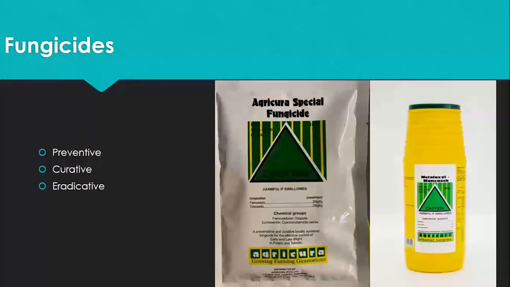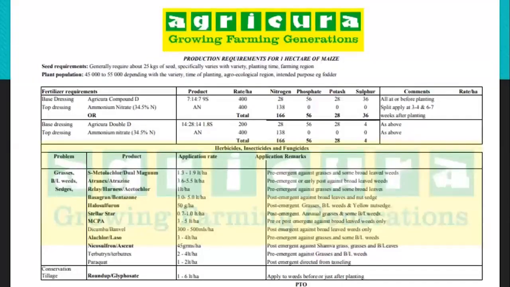So at Agricura, this is a generic guide. We do have guides for every crop. This is for 1 hectare of maize. We have generic fertilizer requirements, and we also have solutions to every problem. For example, your weeds, your grasses, and broadleaf.